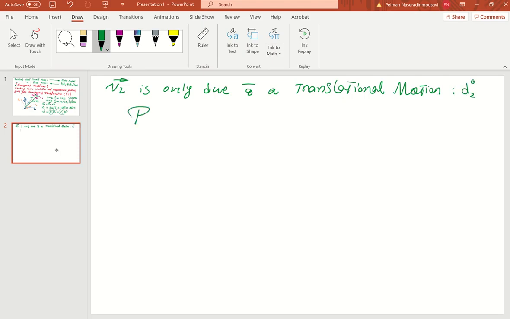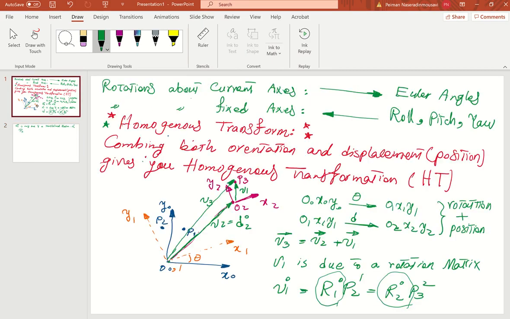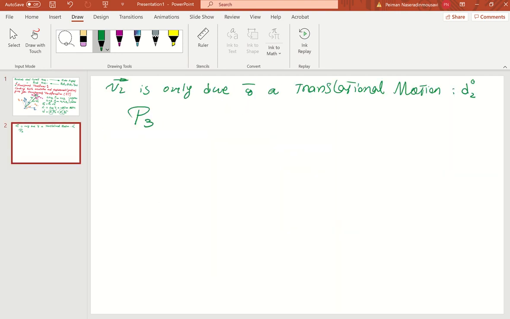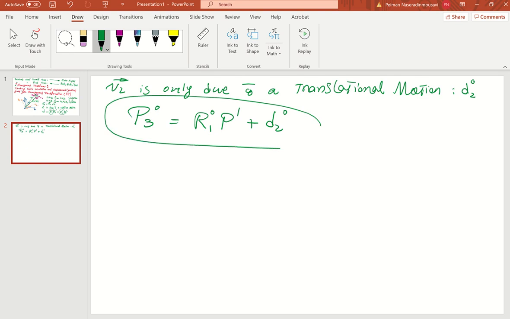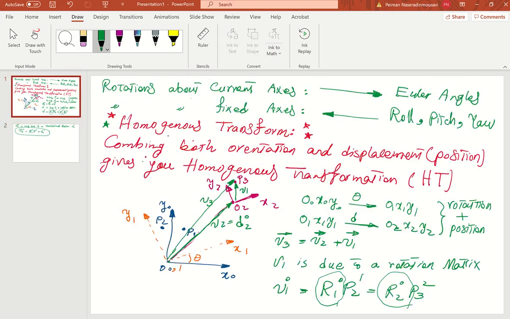So on the other hand, P3, the result, this point after the rotation and then translation, with respect to 0 is going to be R1 with respect to 0, the rotation matrix that I taught you, times P1, plus D2 with respect to 0. Here we go. Now we have both translational motion and rotational motion. And this is very clear, guys.